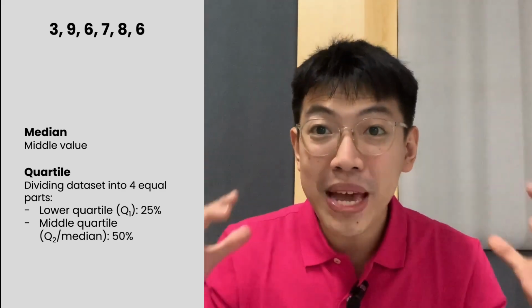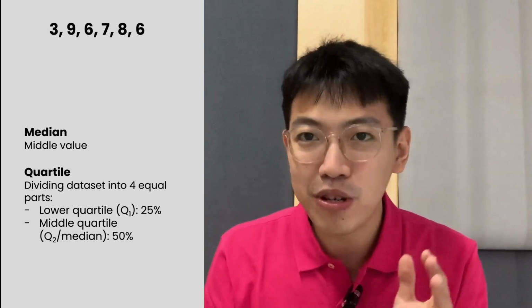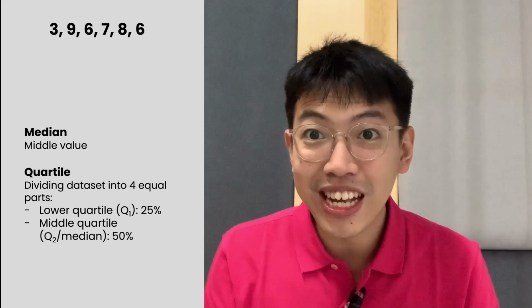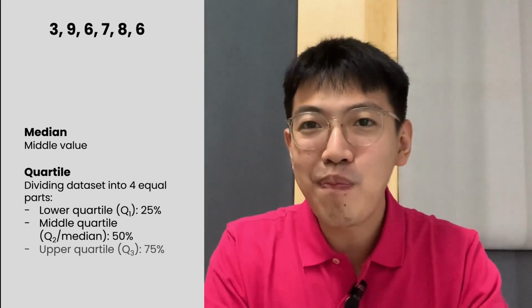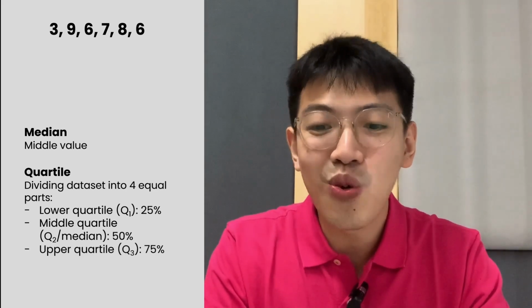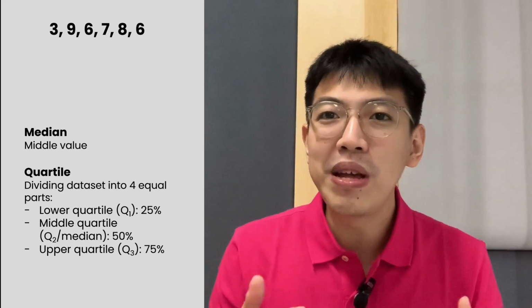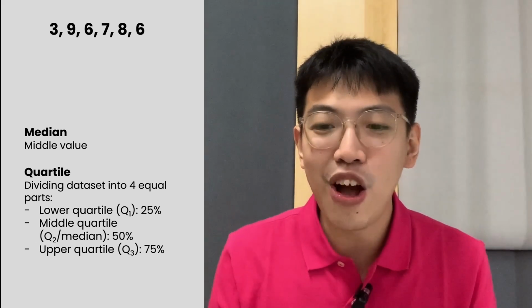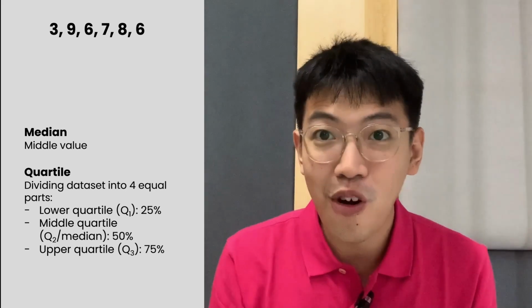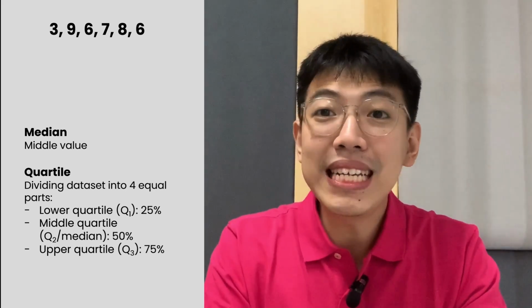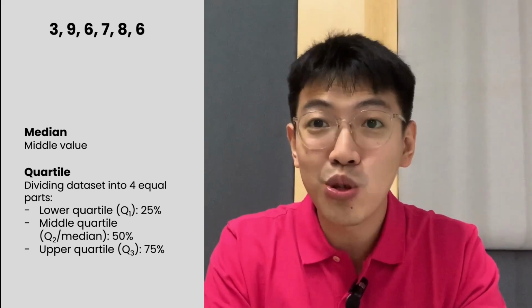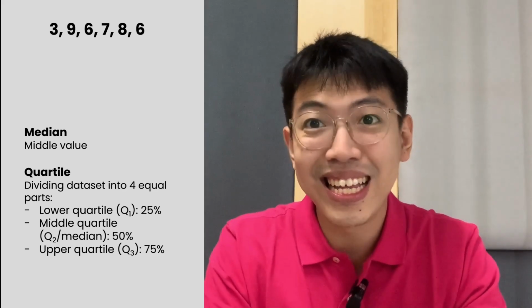It is the median. The third one is upper quartile or the third quartile. The upper quartile represents the value below which 75% of the data points fall. Again, to find the median and also quartile, you have to sort the dataset ascendingly.